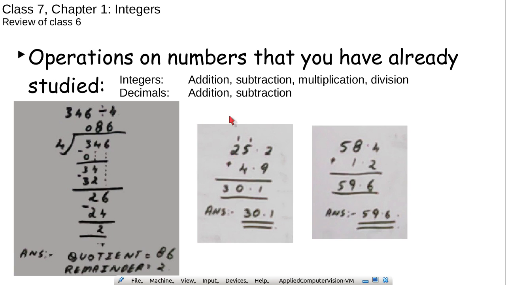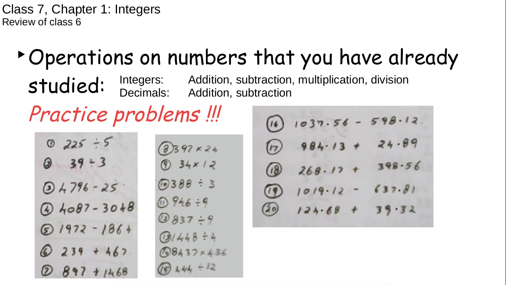You have learnt decimal addition and decimal subtraction. How do we add 25.2 to 4.9? The answer is 30.1. Adding 58.4 to 1.2, the answer comes out to be 59.6.